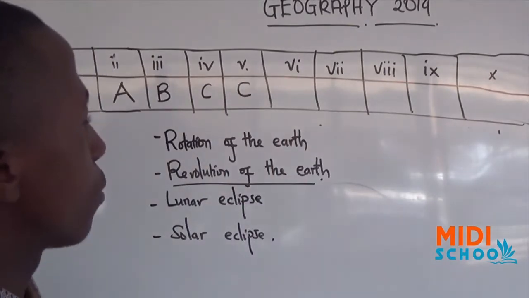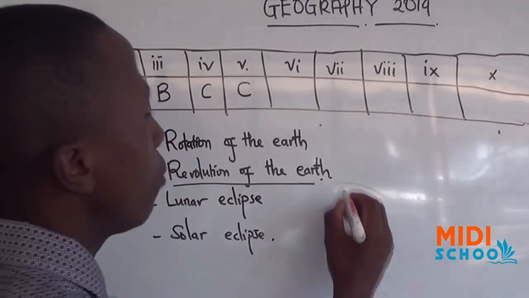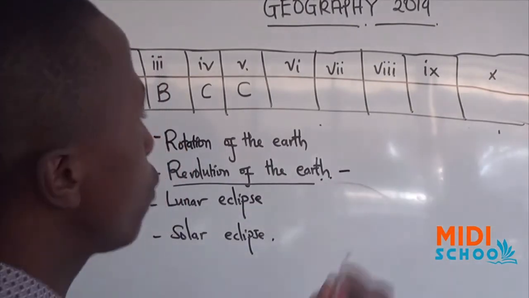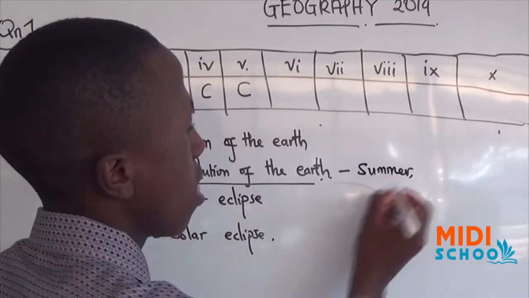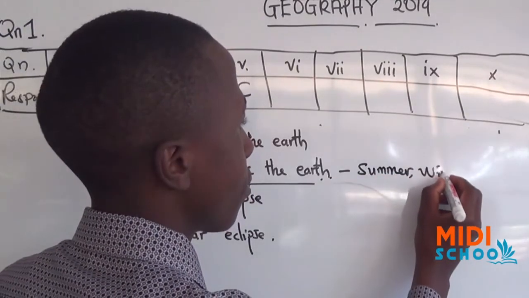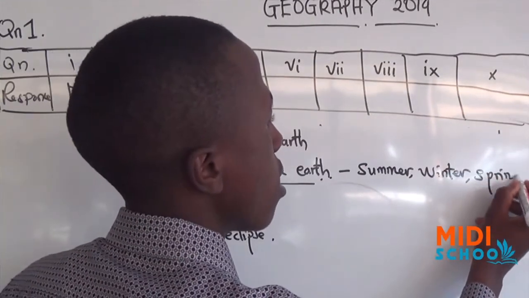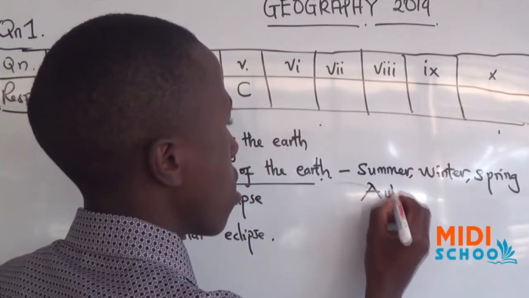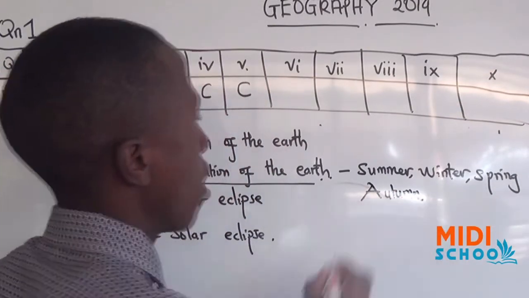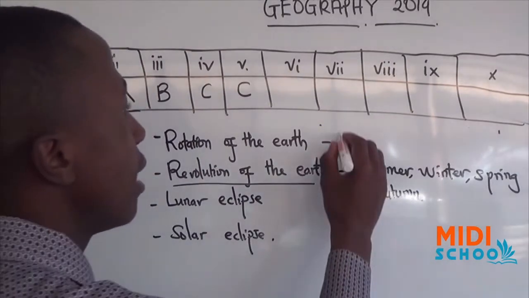This is because as the earth revolves around the sun, it produces 4 seasons. There are summer, winter, spring, and autumn. While rotation results only in day and night.